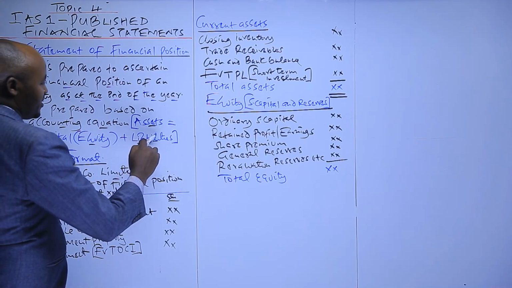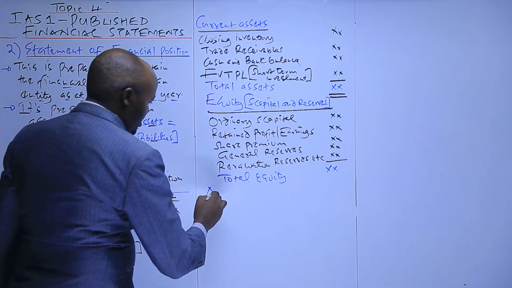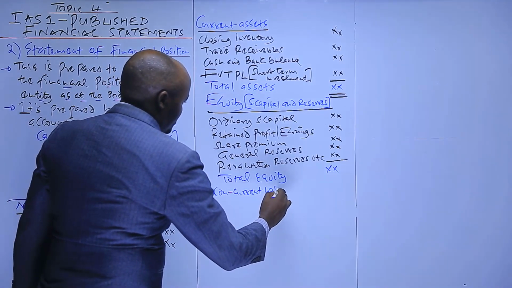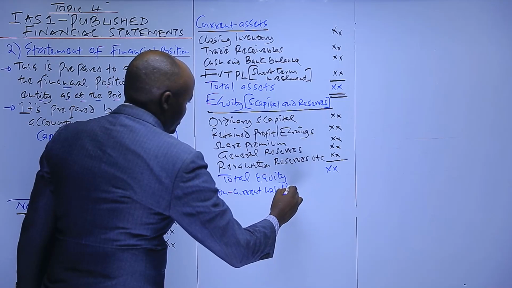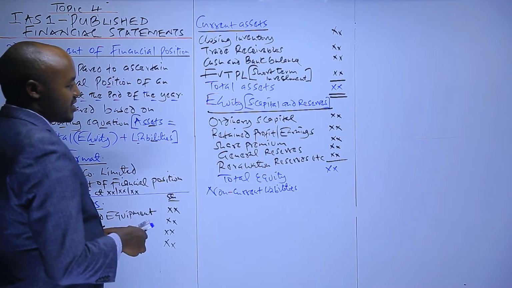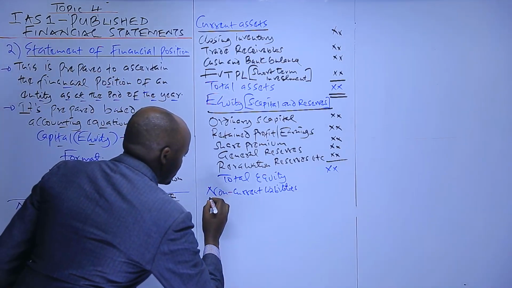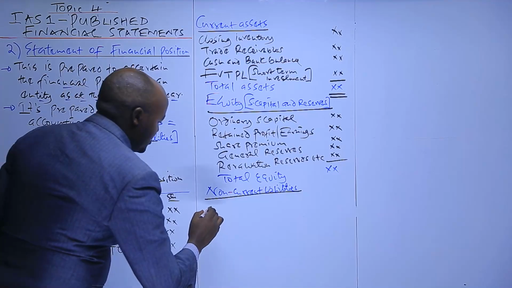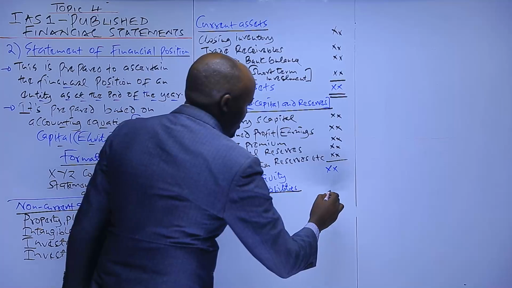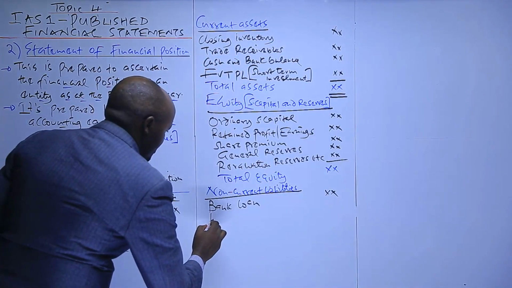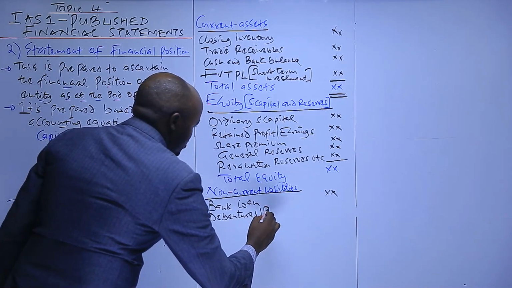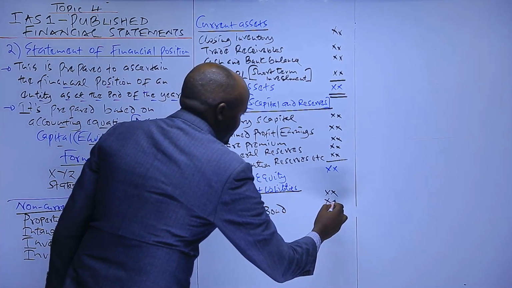Liabilities, we classify them into two categories, non-current liabilities and current liabilities. We always start with the non-current liabilities. Non-current liabilities are basically the long-term liabilities of the company. These include things like the bank loan, debentures, or even bonds issued by the company to borrow money from members of the public.